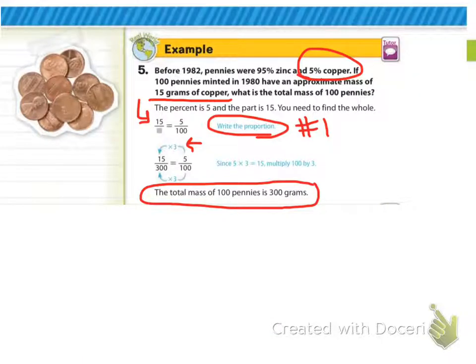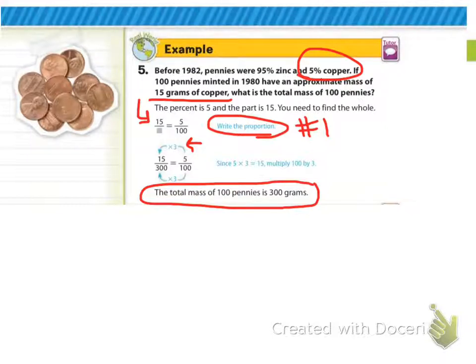The last example, number 5, is talking about how pennies were made. And again, we're setting up the part to the whole with the percent, and you are trying to find the whole. That's what's missing for you once you set up your problem with what you're given in the situation here.